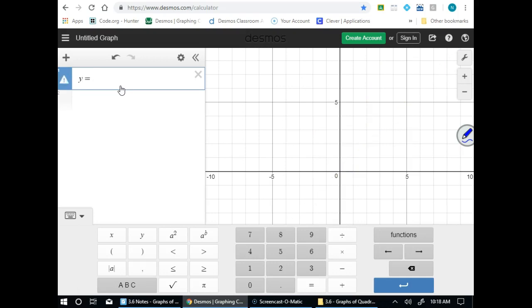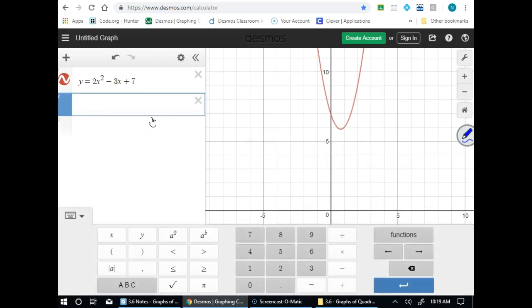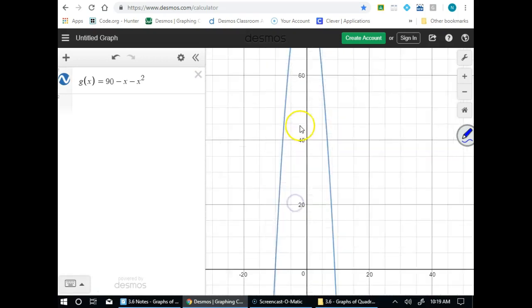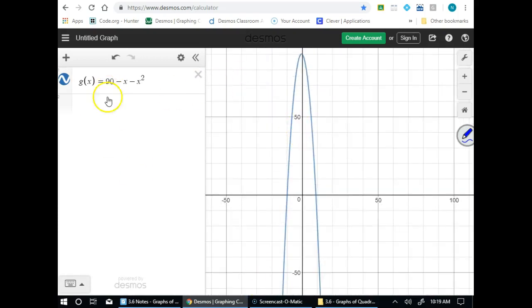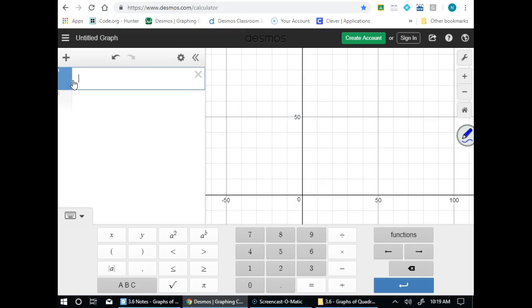So for those who are watching, I'm just going to graph these for you. If you do shift and the 6, it's that key, it'll take you up to the exponent.